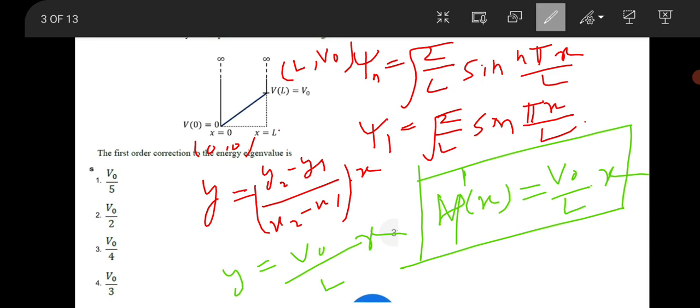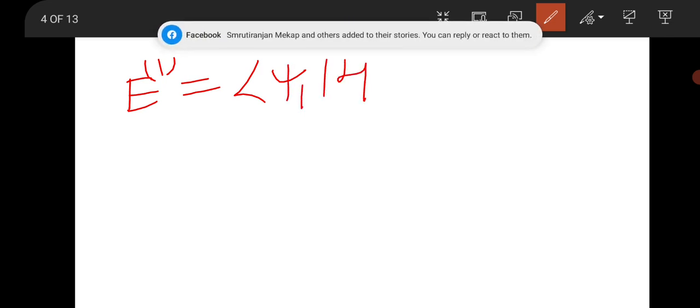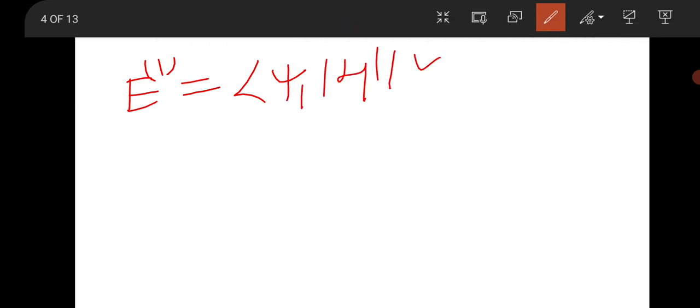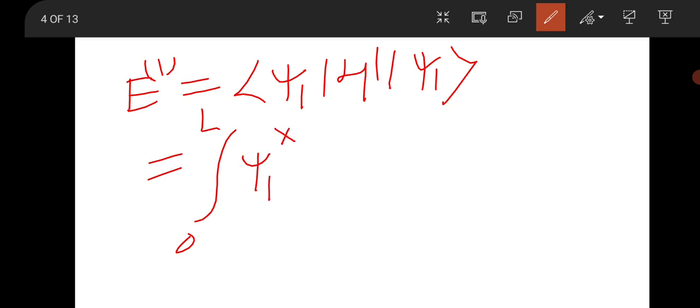Now if you want to find the first order correction energy, it is equal to psi 1 H prime psi 1. So it will be the integration from 0 to L, because the box starts at 0 and ends at L, of psi 1 H prime psi 1 dx.